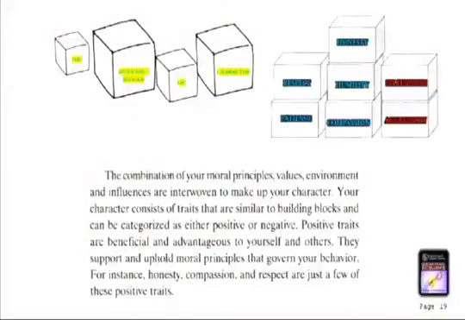All right, so here we have the building blocks of character. If you notice on the top of the page, you'll see approximately 7 blocks there: respect, patience, honesty, humility, compassion, selfishness, and aggression. So one thing you should notice is, are all of those positive traits?